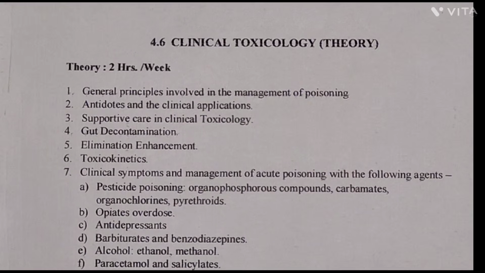All those portions we are going to discuss in toxicokinetics, and from an exam point of view also this is an important topic from where we can expect a 5 or 10 marks question.